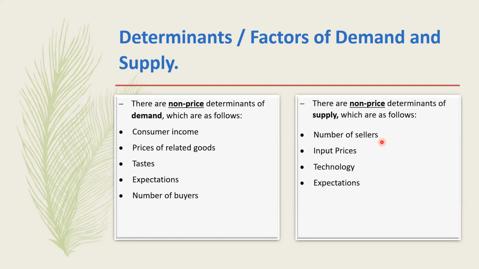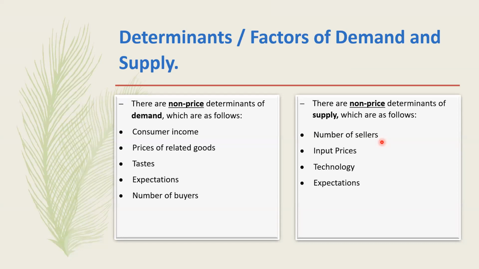Reason being, you can look at it in both ways. If they have fewer suppliers in the market and they still want to supply, chances are they will obviously increase their supply. But if the number of sellers is low and it's very difficult to get the resources to satisfy the consumers, chances are their supply will decrease.